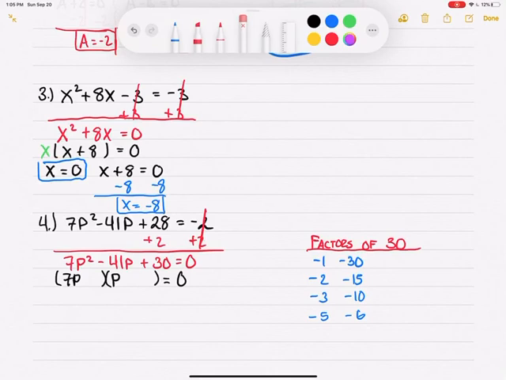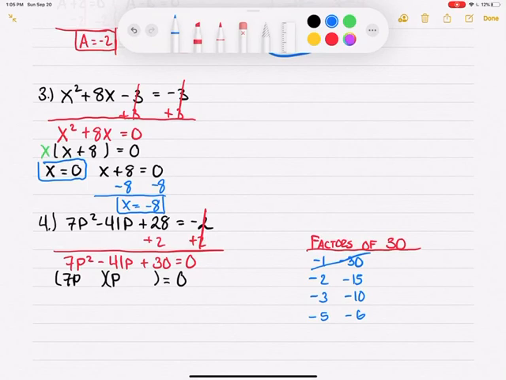Now I need to match up the pairs. If I choose 30 as my number, and I put it out at the end, that'd be 30 times 7, which is going to be 210, which is way too large. If I put it in the middle, I'll have 30 plus 7 at best, so 37, so that's not going to work.